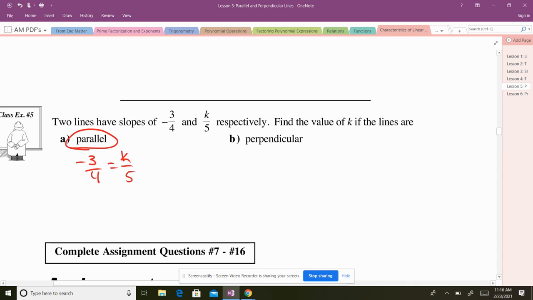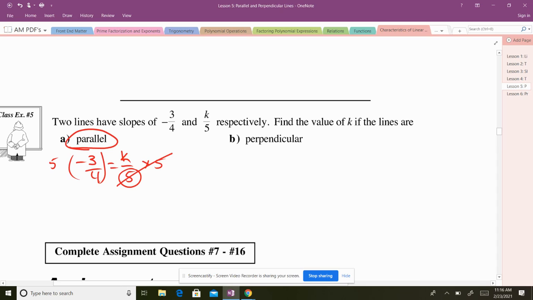So how do I solve this? Trying to solve for k. What do I do? You got to get rid of that 5, right? How do you get rid of the 5? Multiply it. So then they cancel.